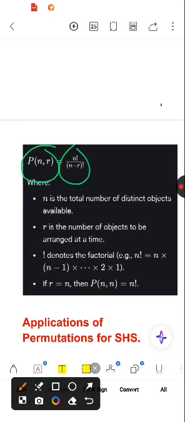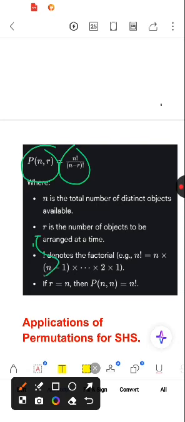N stands for the total number of distinct objects available, and R is the number of objects to be arranged or selected at a time. And factorial simply means the product of all positive integers that are equal or less than the given number.